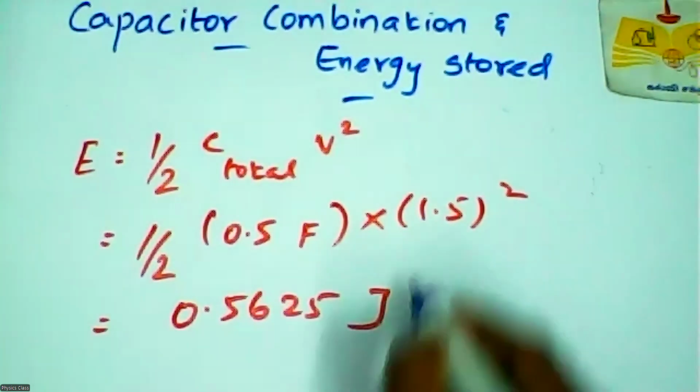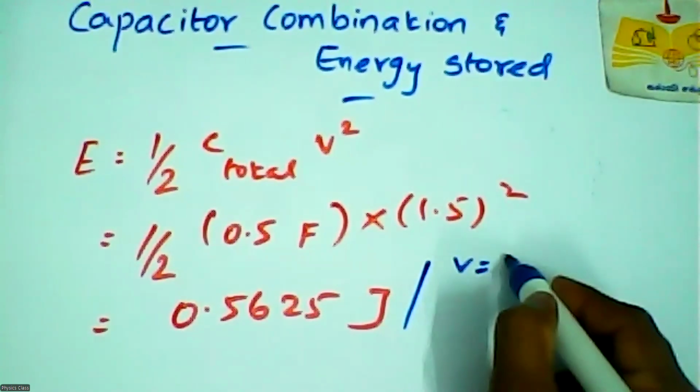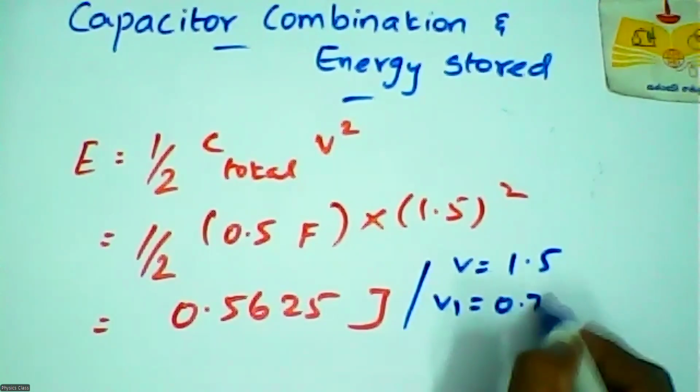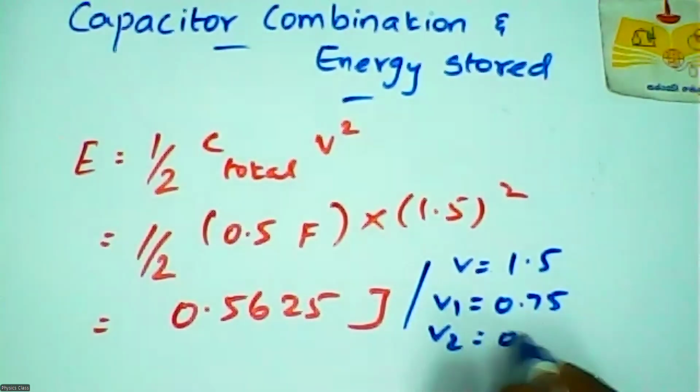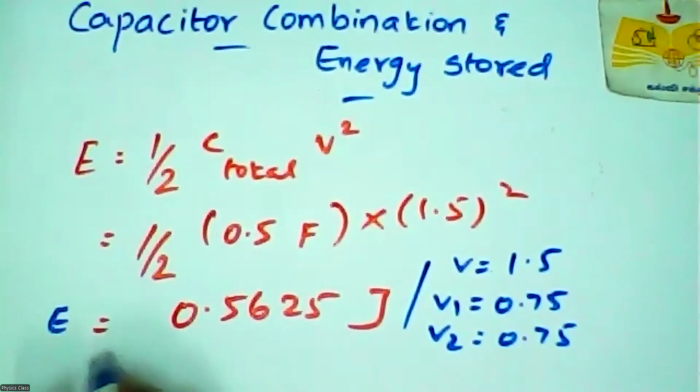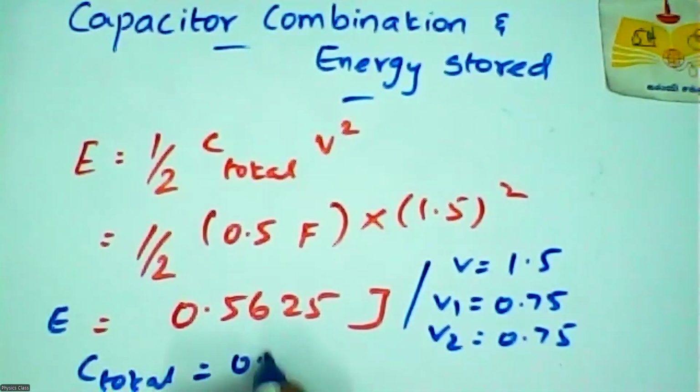So voltage is 1.5, V1 is 0.75, V2 is 0.75. This is energy and C total 0.5 farad. Right?